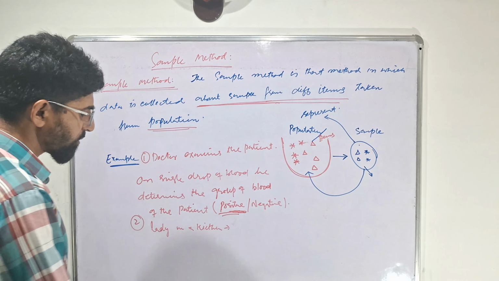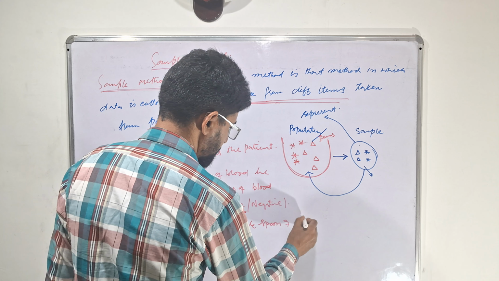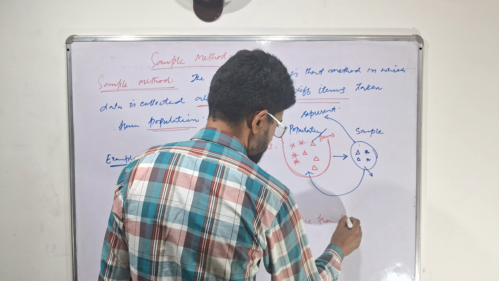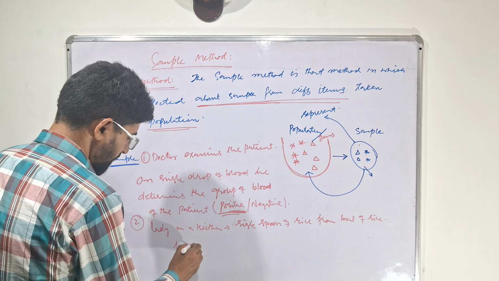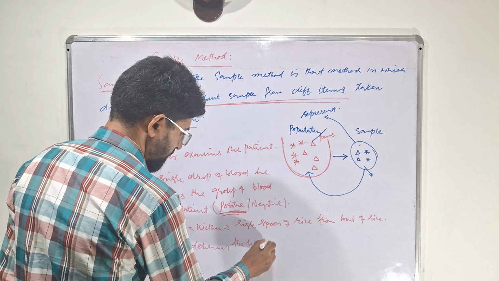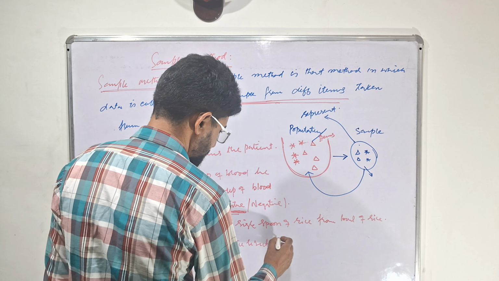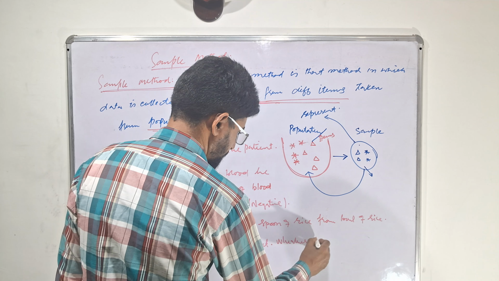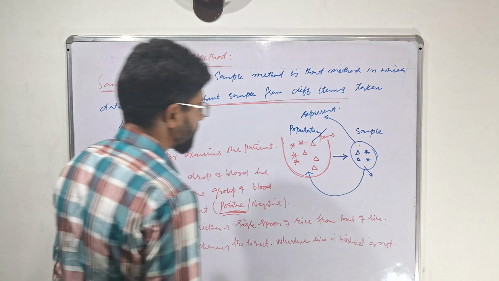Definitely, when you take a single spoon of rice from a bowl of rice, she determines the result, whether the rice is boiled or not. This we call sample method.